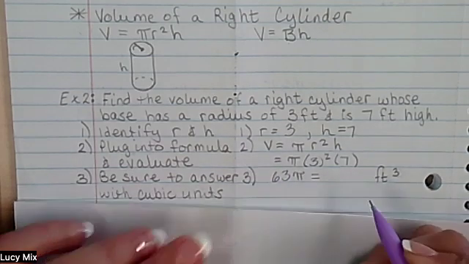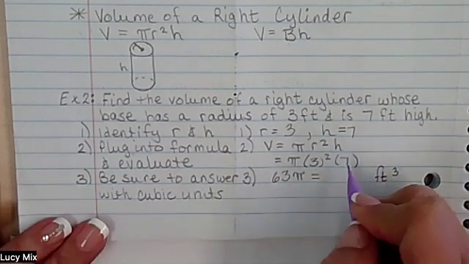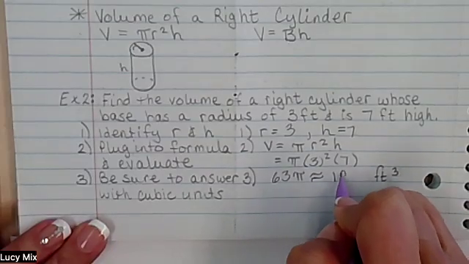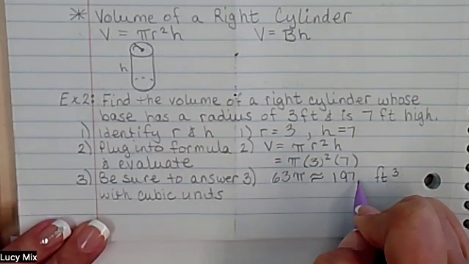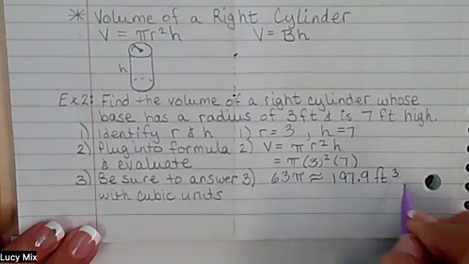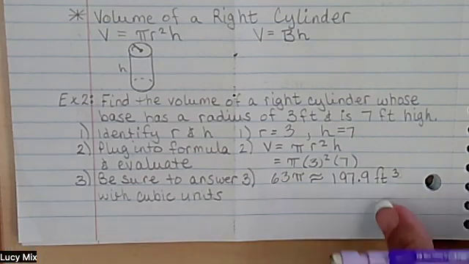And then when we multiply it out using the pi button on the calculator, we get approximately 197.9 feet cubed. Again, volume is always cubic units.